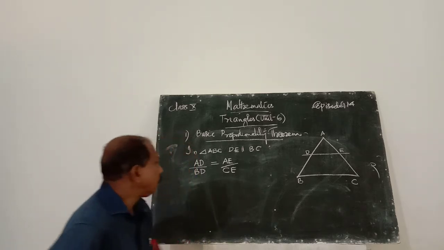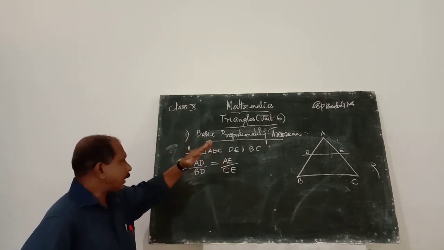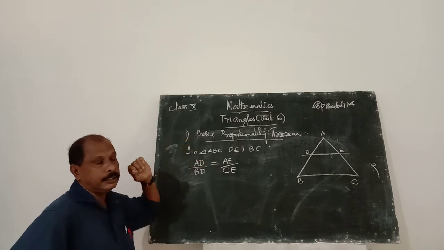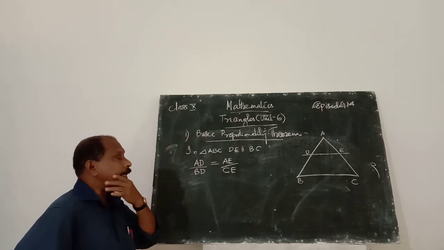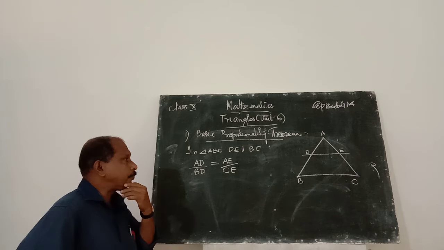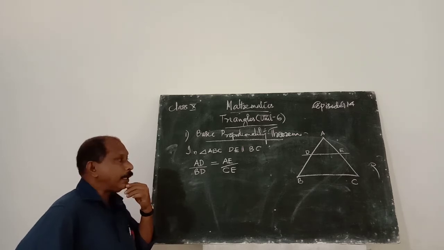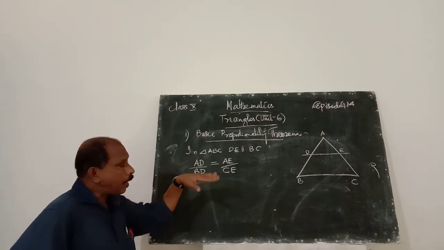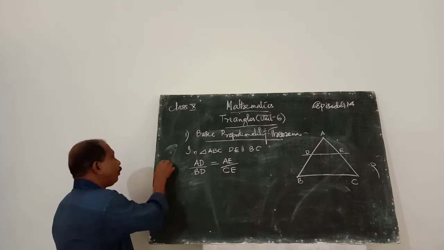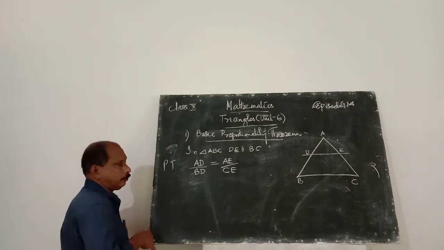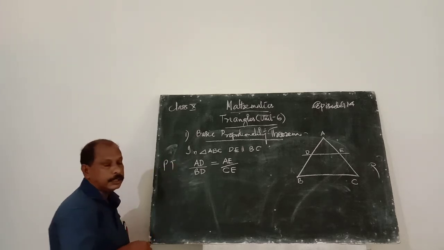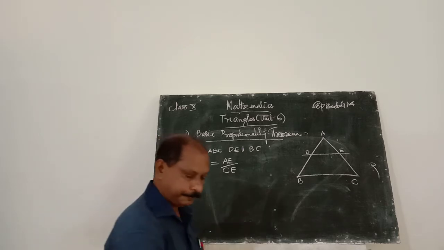In this example, triangle ABC, DE is a line segment drawn between AB and AC, parallel to BC. Then prove that AD by BD is equal to AE by CE.